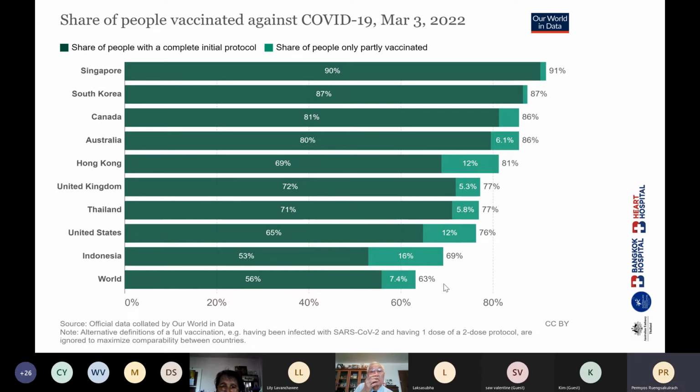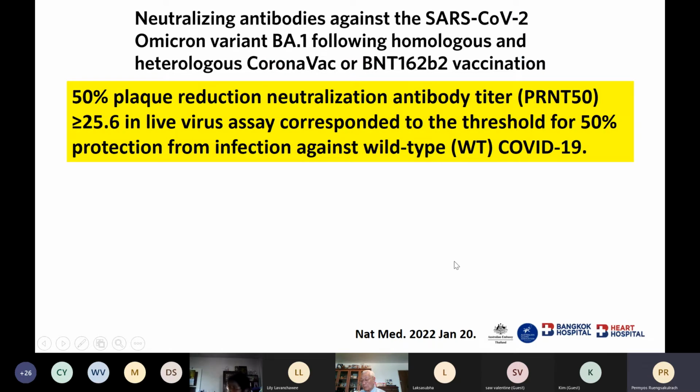But the world is only 63%. So if we do not vaccinate our whole population in the world, somewhere there can be a new variant in the future. Somewhere in the world, okay? And then we start again. We start a next new wave again, okay?